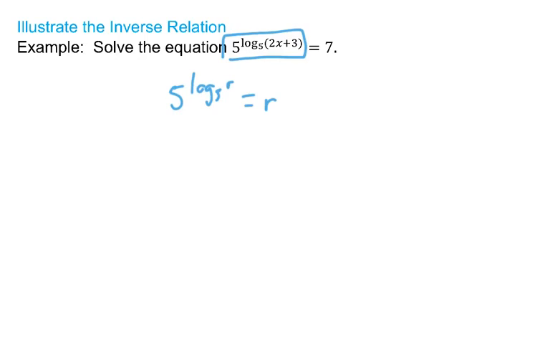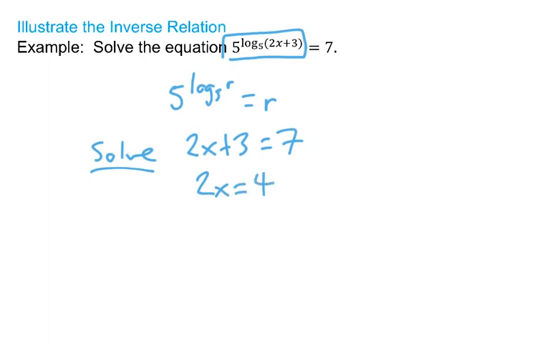So the expression on the left side really simplifies down to nothing more than 2x plus 3. So all you're being asked to do is solve 2x plus 3 equals 7. That's using that logarithmic notation. All right, can we solve 2x plus 3 equals 7? Yeah, I think so. Subtract 3 from both sides, 2x equals 4, divide by 2, x is equal to 2, and my solution set contains 2.